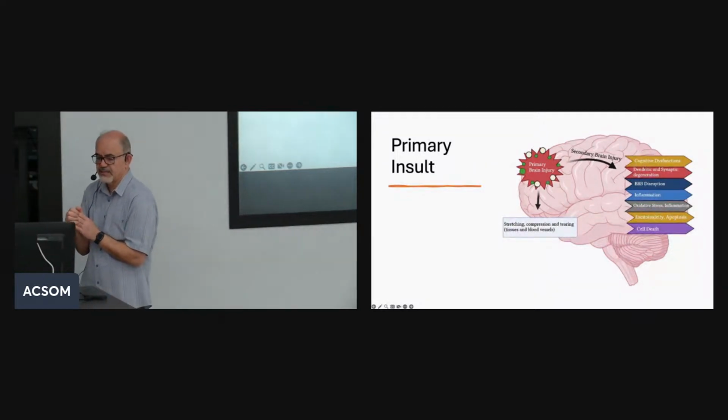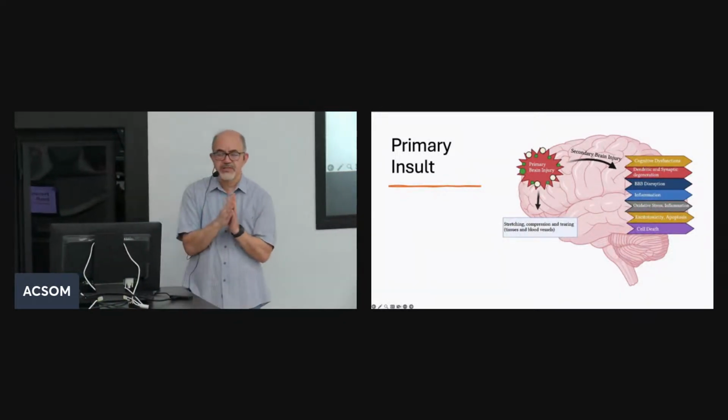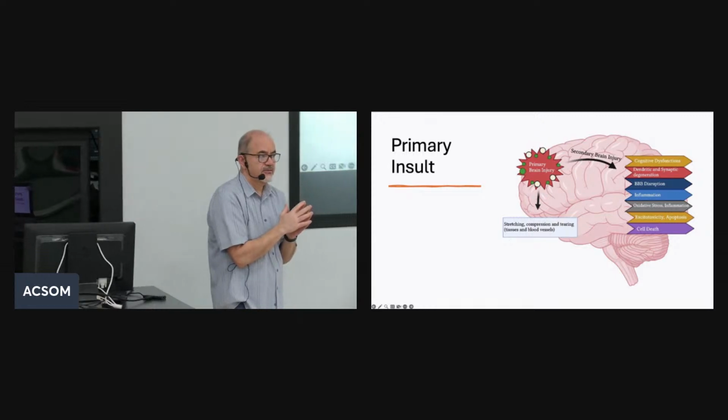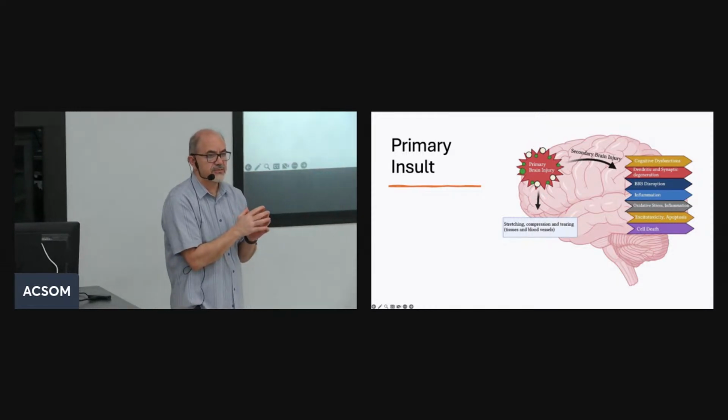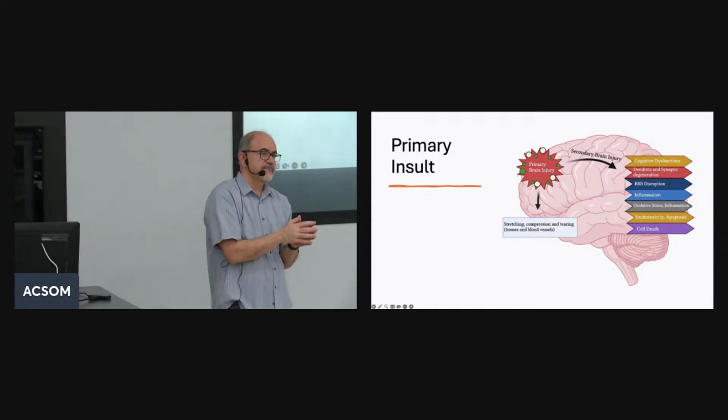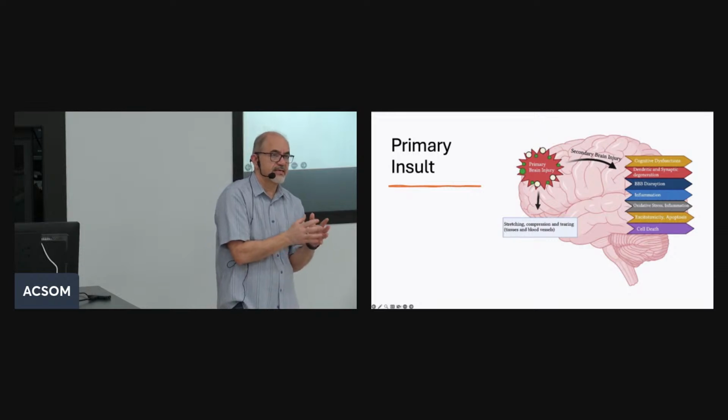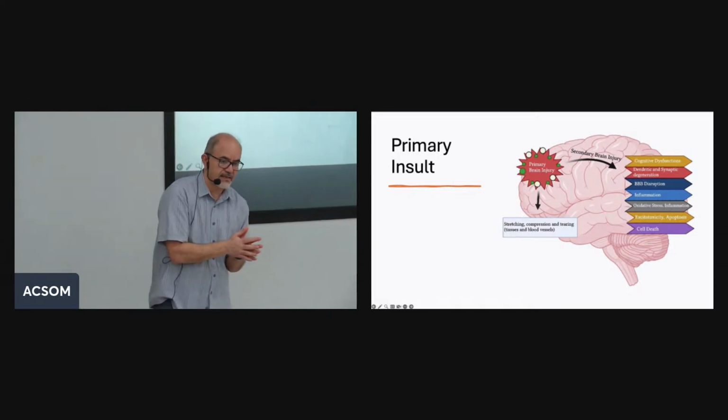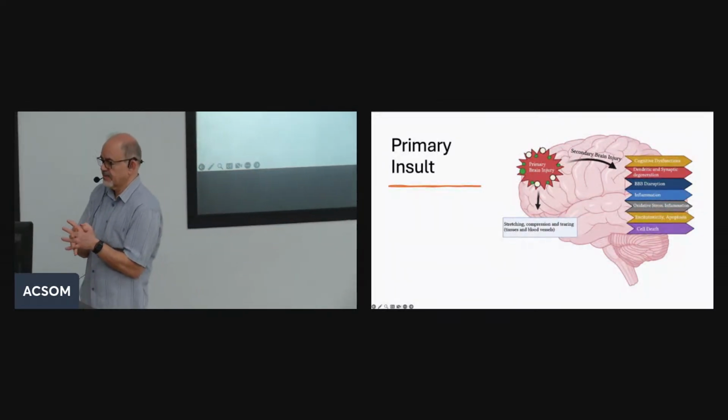So we have primary insult and secondary insult. Most of the time, you don't have to do much for the primary insult because it's a part of the brain that's damaged. It's either going to recover or it's not going to recover. But most of your job is to prevent the secondary injury to avoid added insult to the brain.